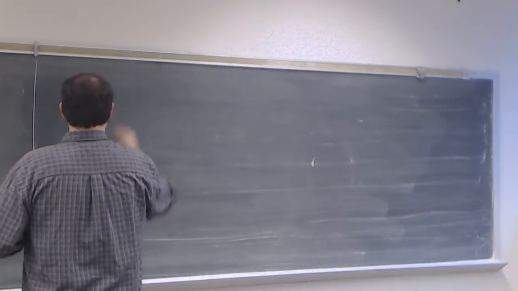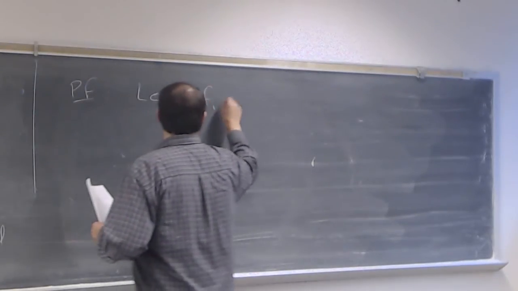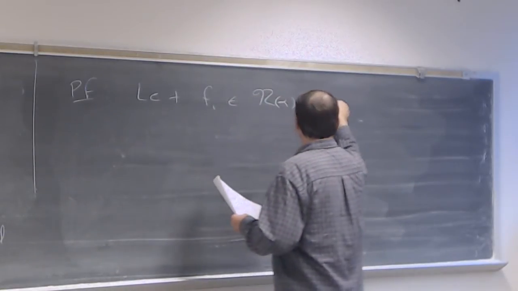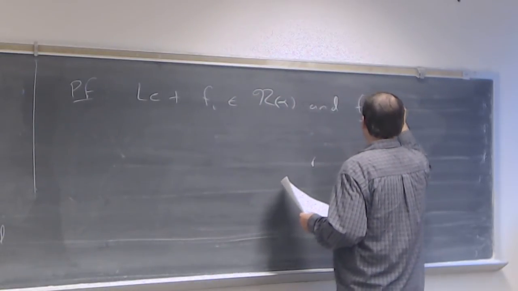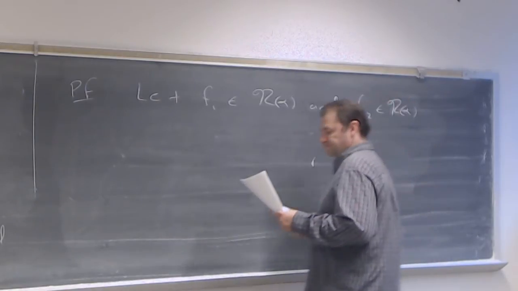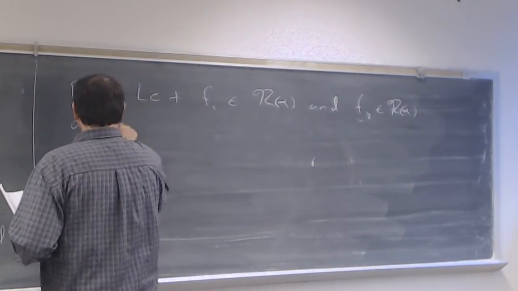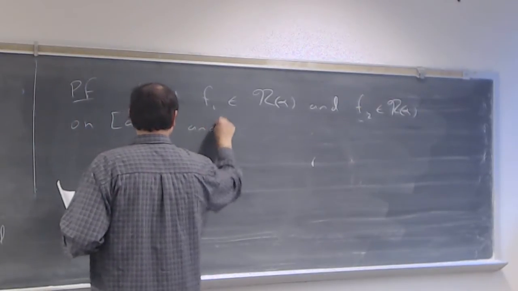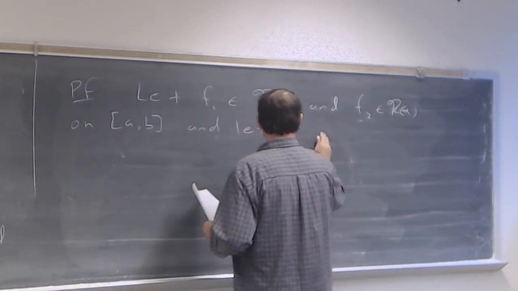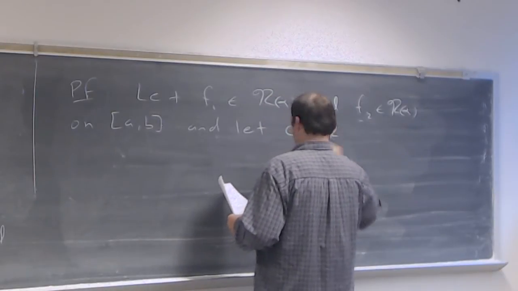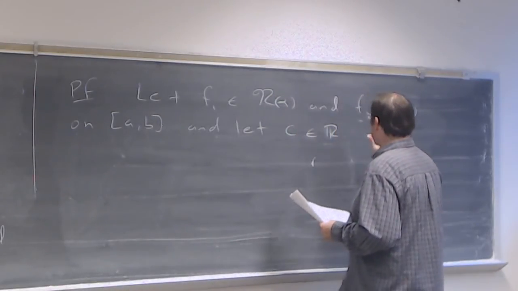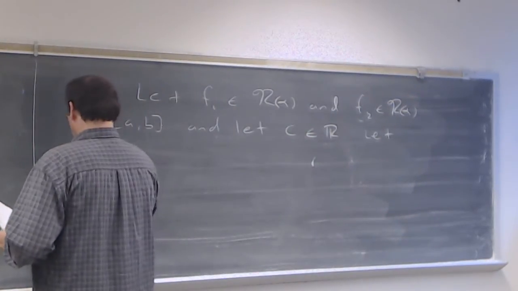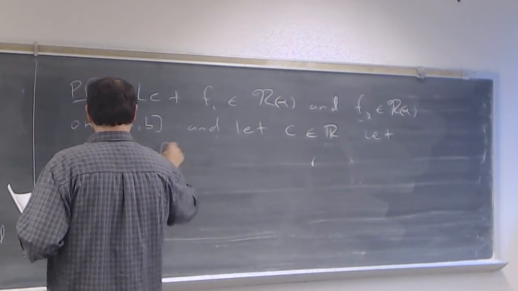So proof, we're going to let f sub 1 be a Riemann-Stieltjes integrable function, and f sub 2 be a Riemann-Stieltjes integrable function on a to b. And we're going to let c be an element of R. For notation's sake, let f equal f sub 1 plus f sub 2.